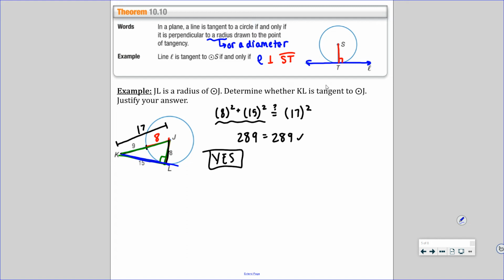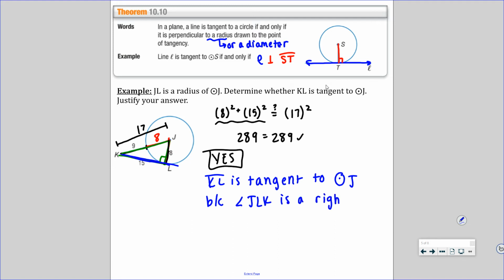I would just say KL is indeed tangent to circle J because angle JLK is a right angle. So JL is perpendicular to KL. That'd be an easy way to justify your answer like they asked us to.